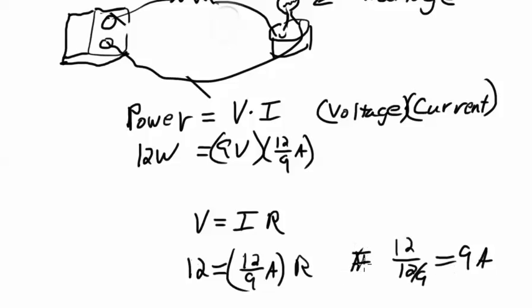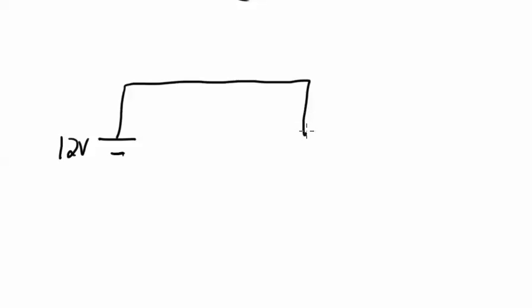Whoops, 9 ohms. So here's the relevant circuit diagram. We've got a 12-volt battery, and we've got a 9 ohm resistor.